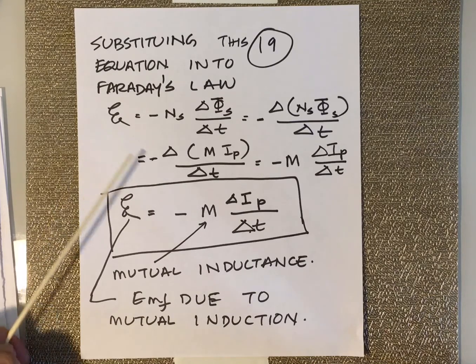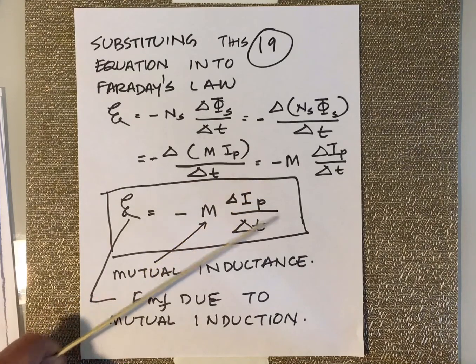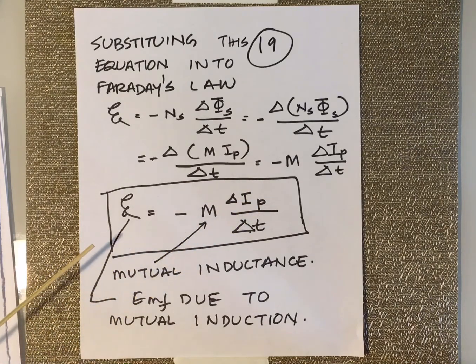Then finally we simplify, and we end up with negative M times delta IP over delta t. So the induced EMF due to mutual induction is equal to negative M, the mutual inductance, times delta IP over delta t.